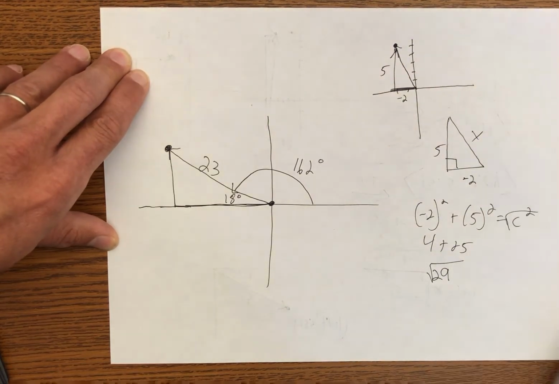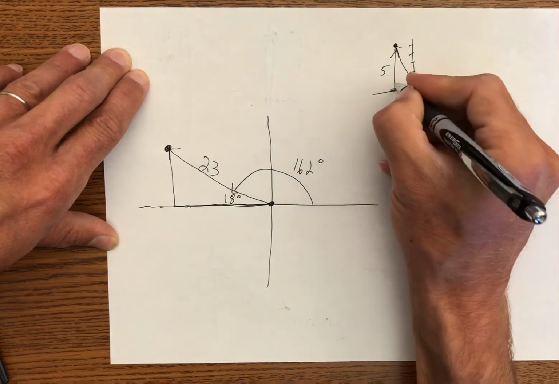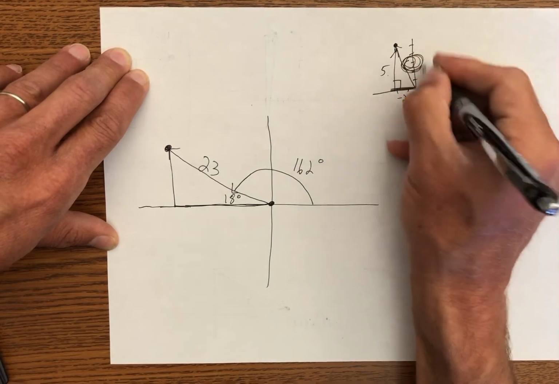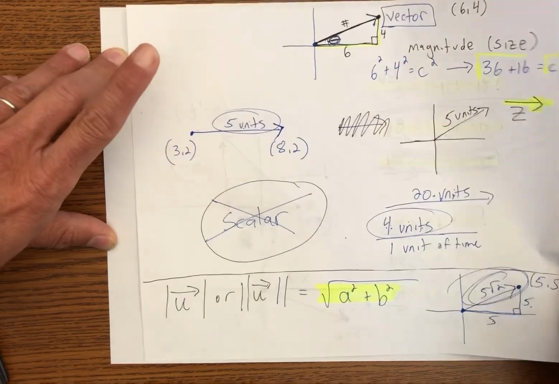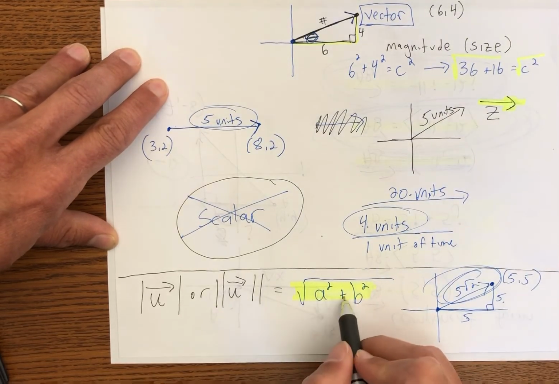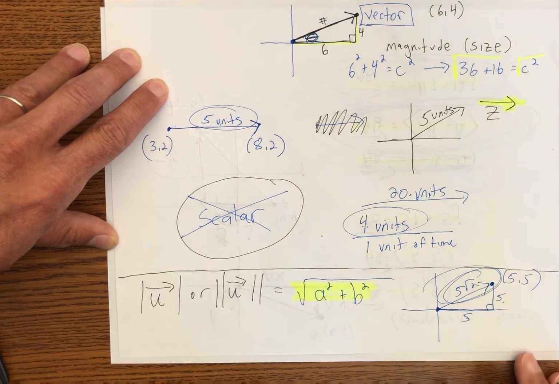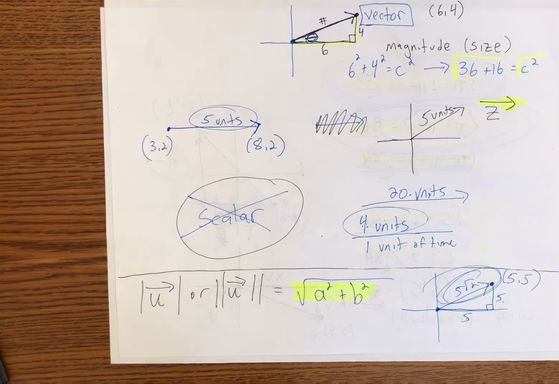I'm going to bring this back here, because technically I did a squared plus b squared, and then I square rooted to find the size of it, to find the magnitude. But look here, remember this? The magnitude of any vector is the square root of a squared plus b squared, because you're square rooting it. And that, ladies and gentlemen, is the end of the lesson.